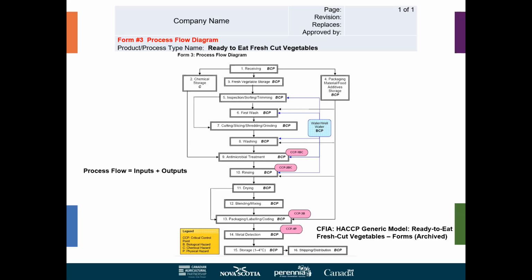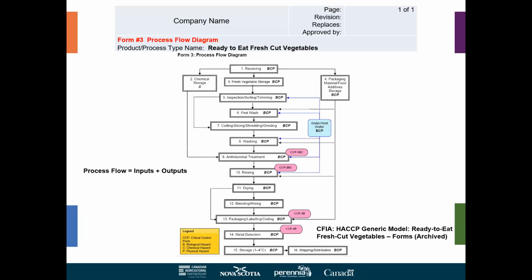And then your fresh vegetable storage is going to have different hazards associated with it. So you have to decipher between those different storages: where you're storing your packaging material, your raw material, so your fruits or your vegetables, and then your chemical storage. And then they say they do inspection, sorting, trimming, and then they do a wash.